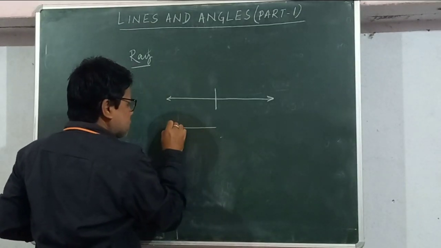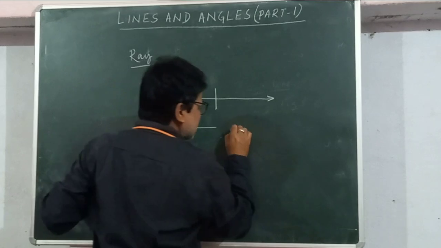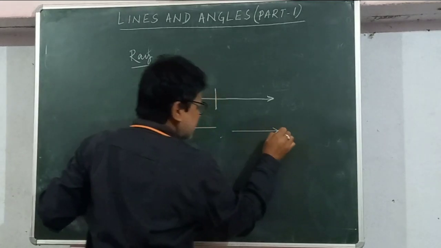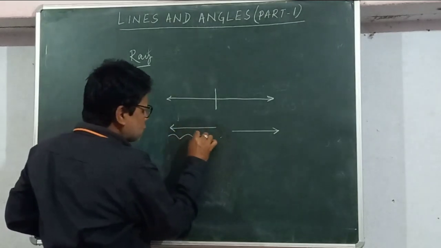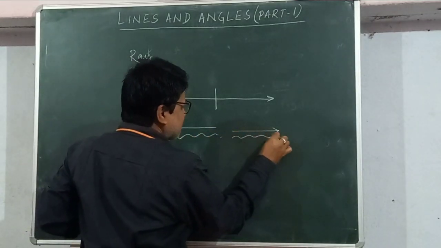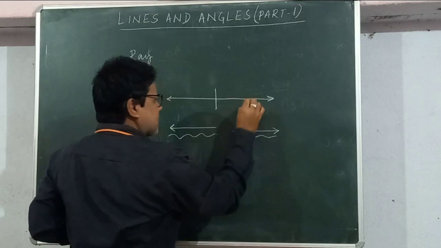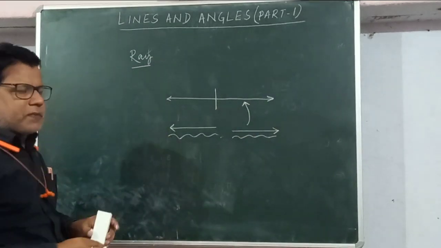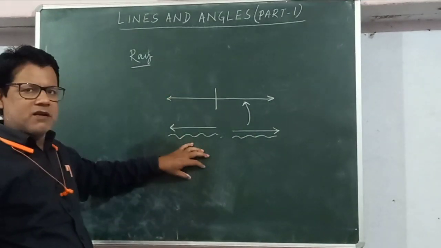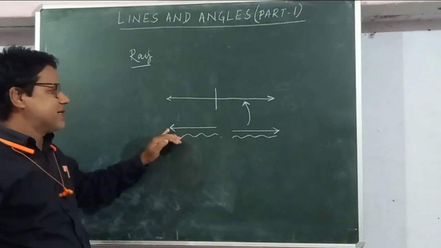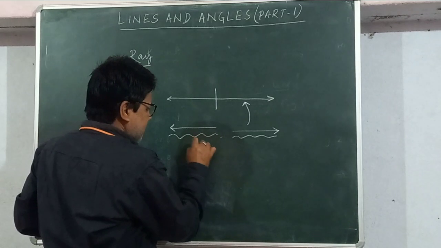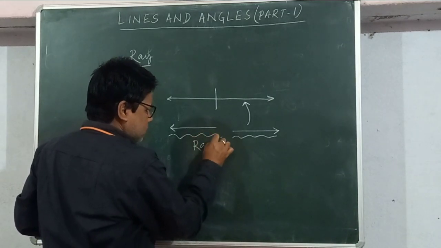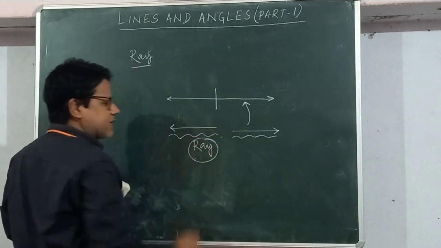So it gives you a figure like this and another figure like this. These two parts are parts of the straight line. The part of the straight line which can be extended on one end only is called a ray.